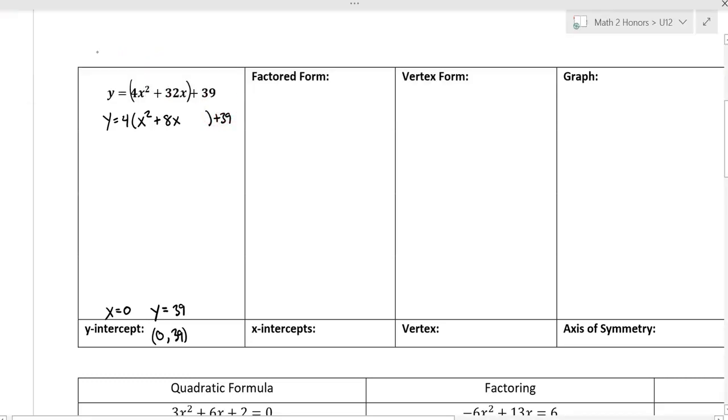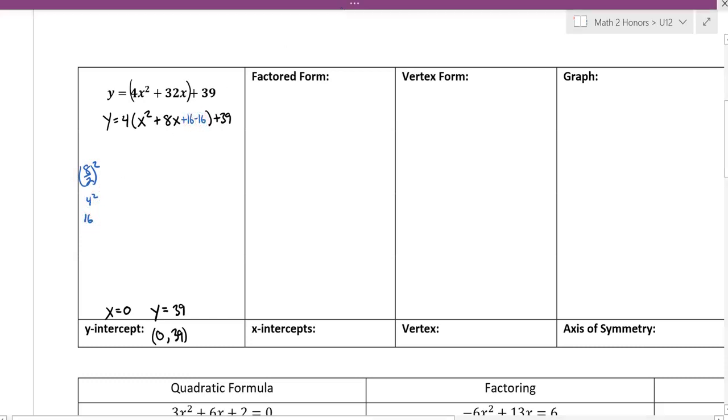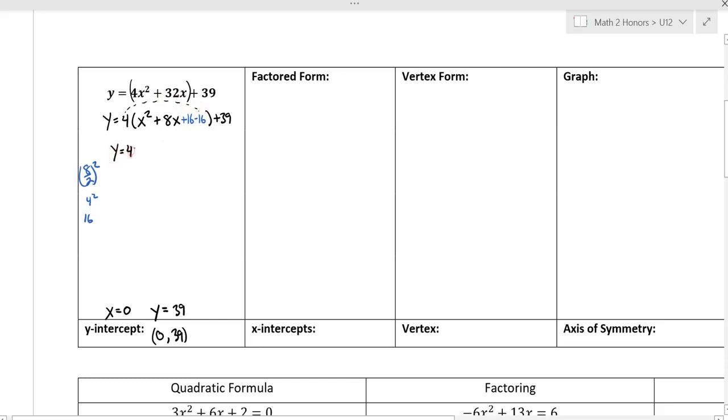Take b over 2 squared, so b over 2 squared would be 16. So I'll add and subtract 16. Then multiply the 4 times the negative 16. So I end up with y is 4 times x squared plus 8x plus 16 minus 64 plus 39.